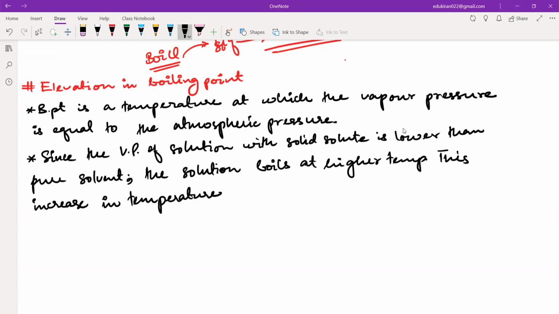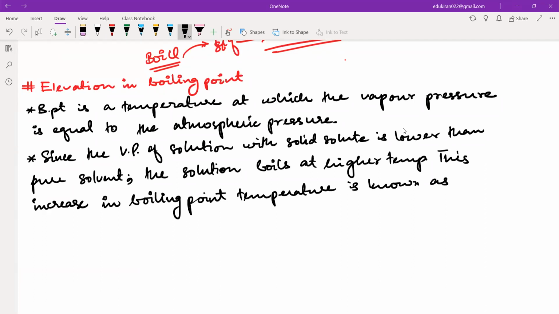This increase in boiling point temperature is known as elevation in boiling point.